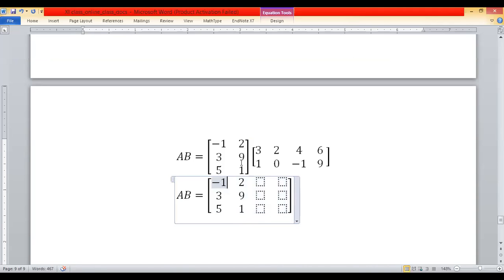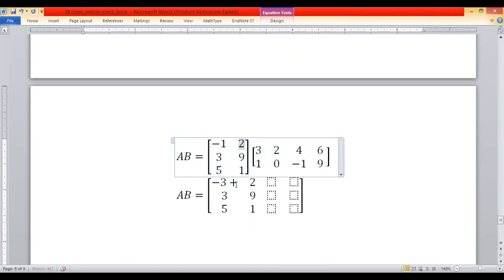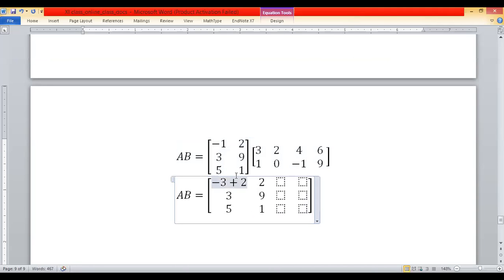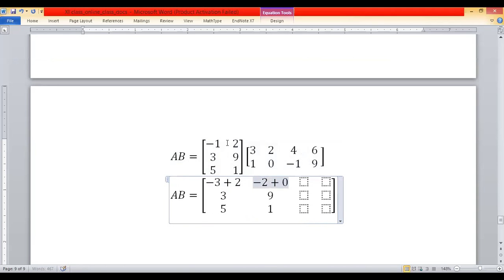You have to multiply minus 1 with 3, you have minus 3 here, then you have to multiply 2 with 1, so you will get 2 here. Then you have to multiply minus 1 times 2 is minus 2. Then you multiply 2 times 0 would be plus 0. Minus 1 times 4 is minus 4.